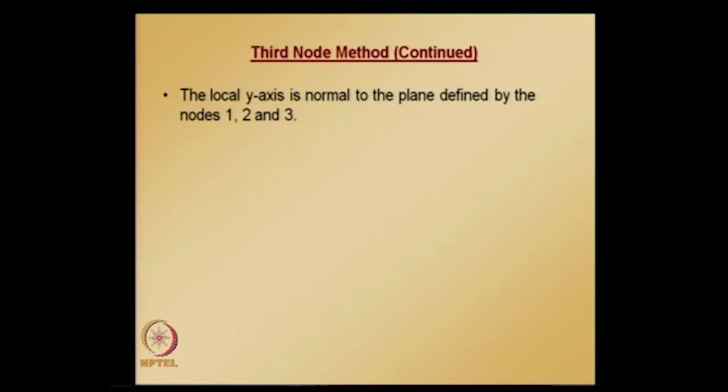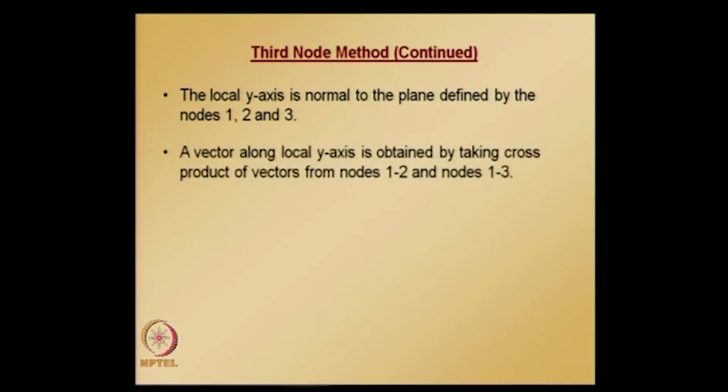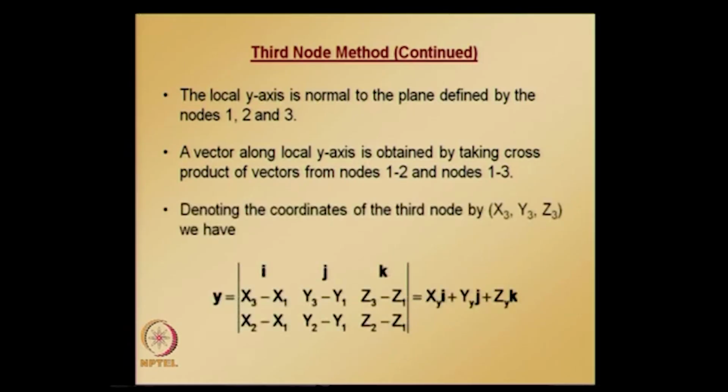The local y axis is normal to the plane defined by nodes 1, 2, 3. A vector along the local y axis is obtained by taking the cross product of the vectors from nodes 1, 2 and nodes 1, 3.